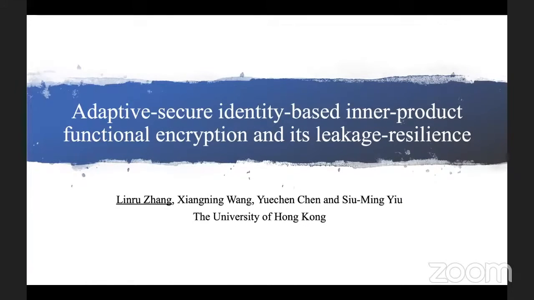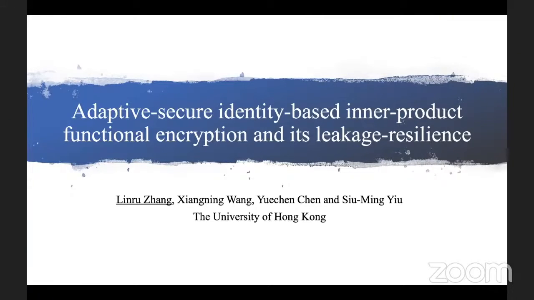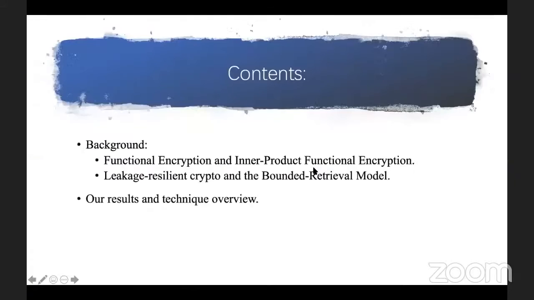Okay, so thanks for the introduction. I am Linru, and I'm from the University of Hong Kong. Today I will talk about adaptive secure identity-based inner product functional encryption and its leakage resilience. In this talk, I will first show some background about functional encryption and leakage resilient crypto.